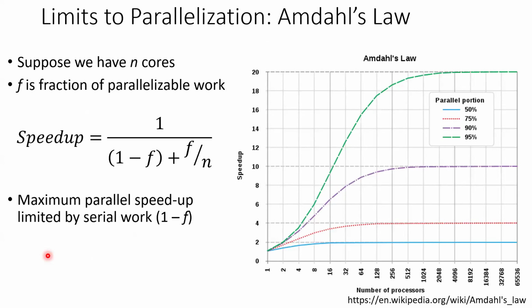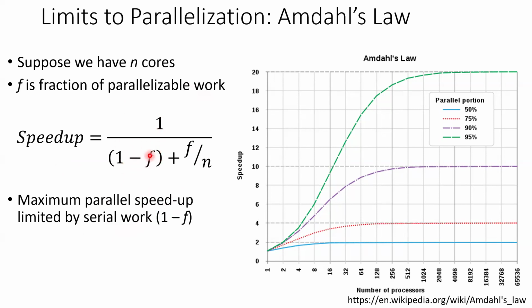So Amdahl's law. Amdahl's law states that the maximum speedup you can get from parallelizing a portion of your code is this equation. Suppose we have n cores and f is the fraction of your work that is parallelizable; the speedup will never exceed the result from this computation.